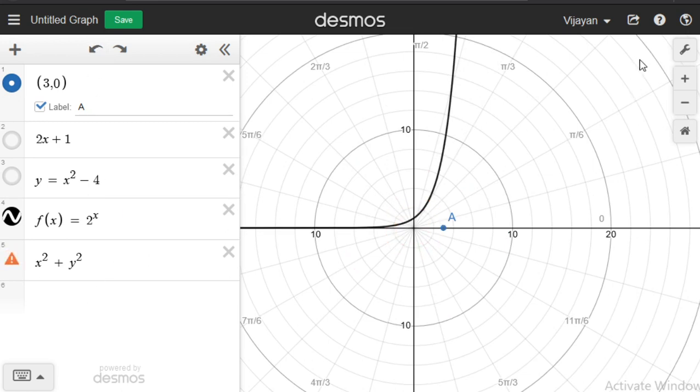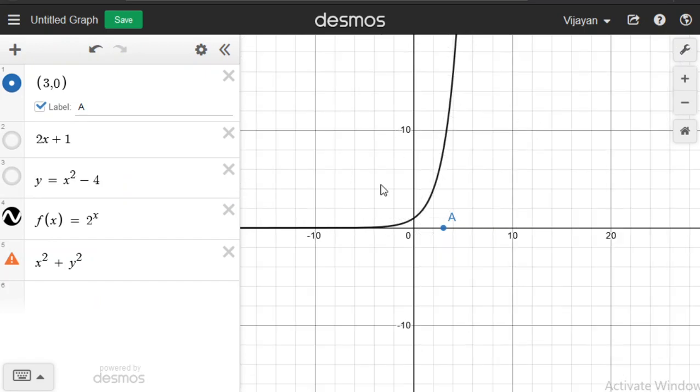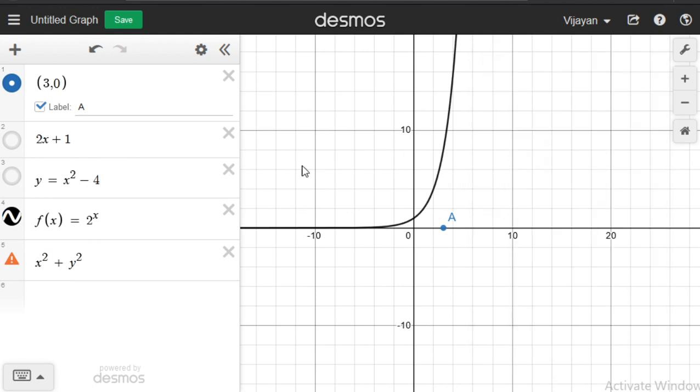I have to change the grid reference, which was in polar, to the horizontal and vertical grid. So whenever we write r comma theta, the software will automatically understand that it is a polar coordinate.